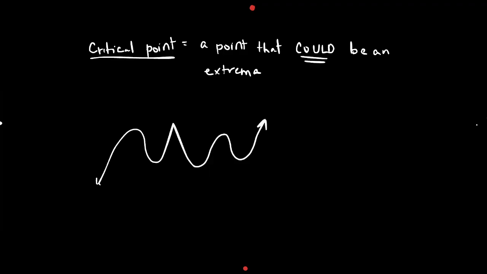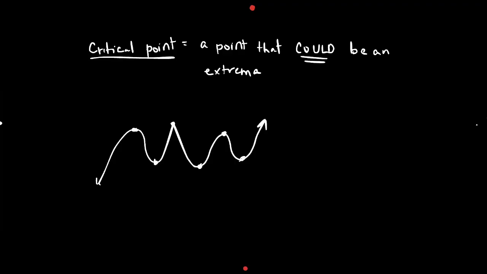If we're looking at something that looks like that, we know that this could be a critical point. This is a critical point. These are all critical points. If you have something that is an extrema, it's going to be a critical point. But not all critical points are extrema.